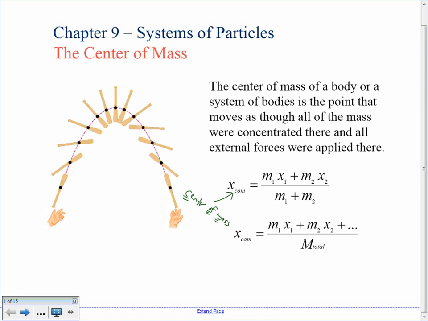If you had more than one object, then you would just continue this. You would have m3x3 plus m4x4, and you would include all of the different objects that you have. Then you would divide by the total mass, that would be m1 plus m2 plus m3 plus m4 plus however many masses you have.